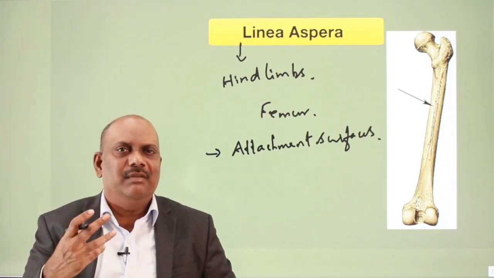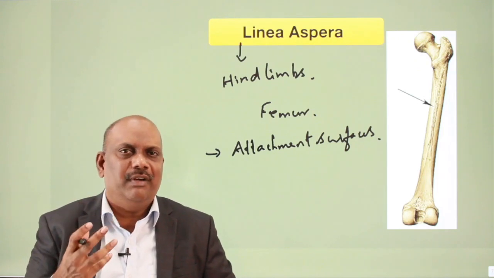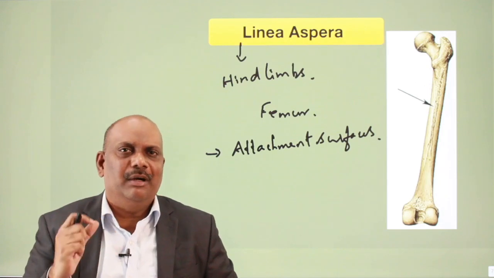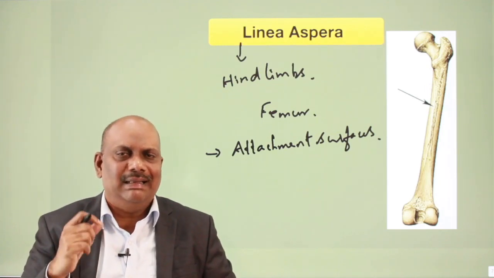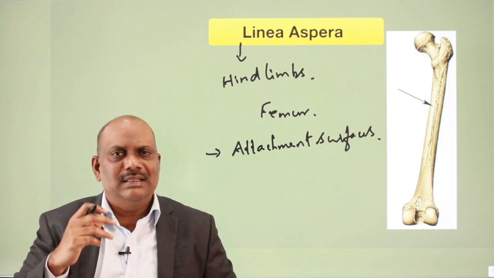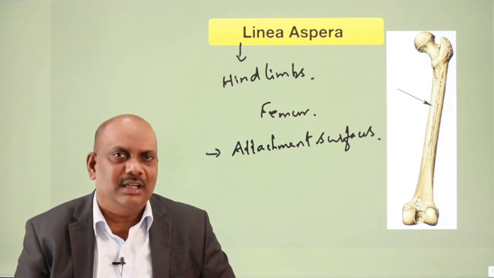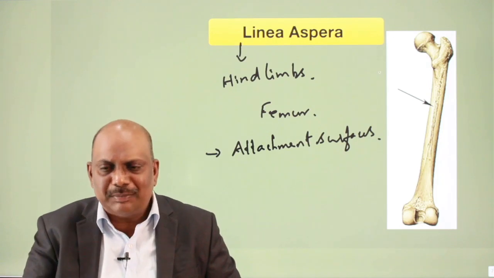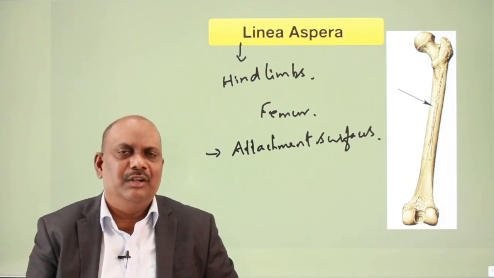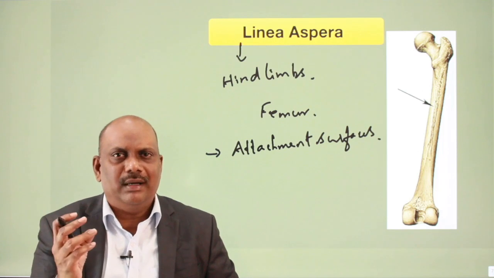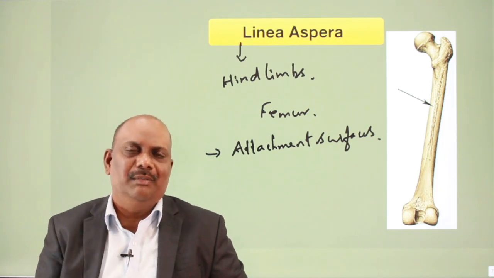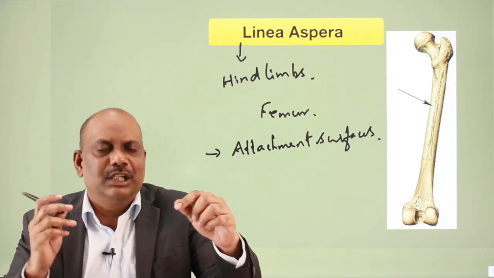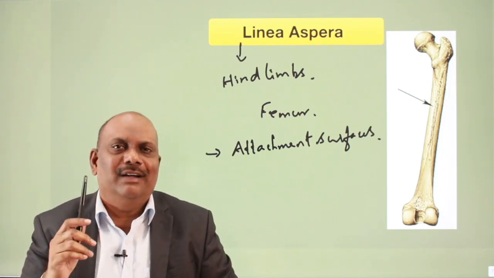To manage and balance the body weight, some extra muscles developed in the abdominal region, in the back, in the thighs, etc. So there is a need for extra attachment areas for the new muscles. This linea aspera developed in the femur bone mainly to provide attachment area for the muscles in the thigh region. That's why there is a huge difference between the muscles in our forearms and the muscles in our legs.